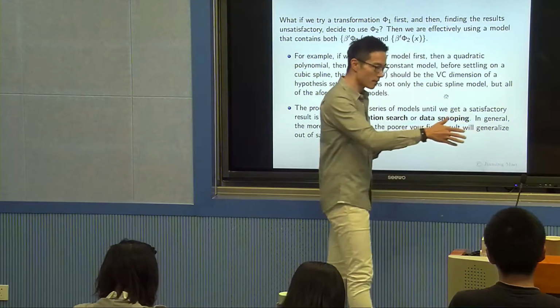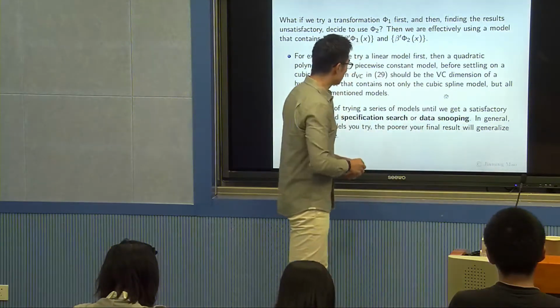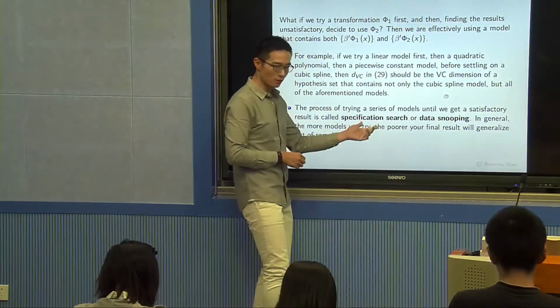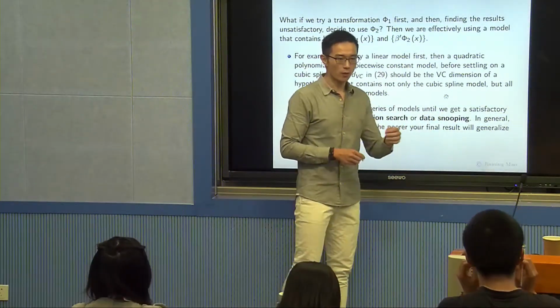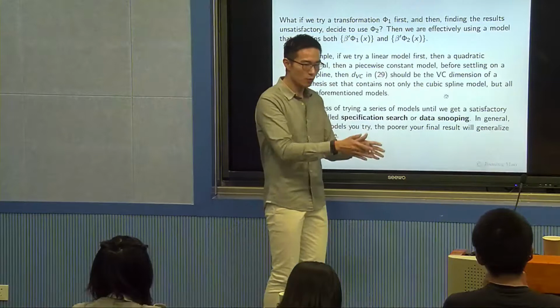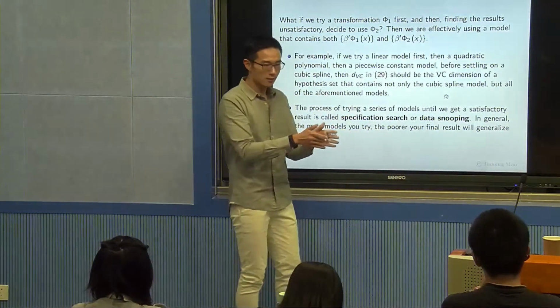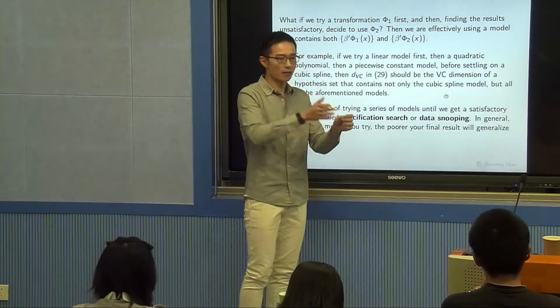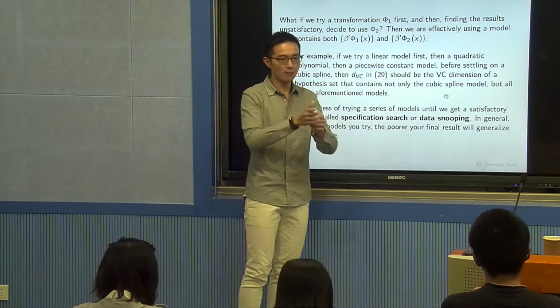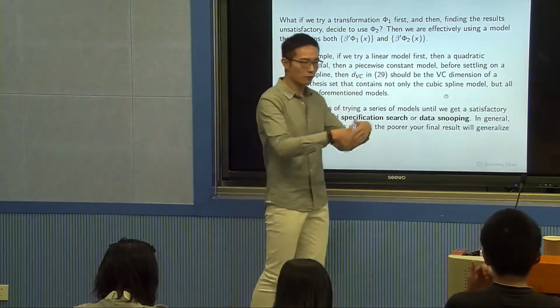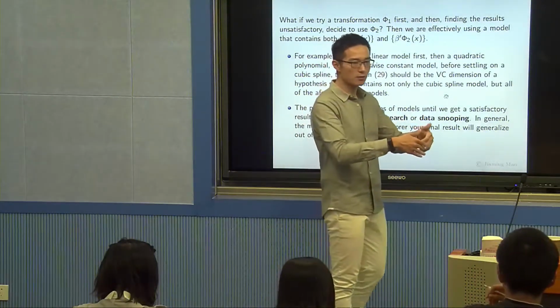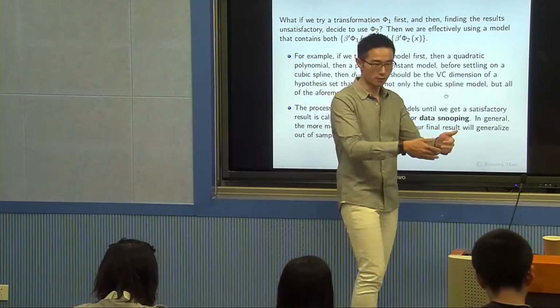If you try many things until you find what is satisfactory, that is sometimes called specification search or data snooping. And that's a very bad thing. Because when you try many things until you pick one that's good, you are in effect picking your hypothesis from a combined set of many different models. Your VC dimension is going to be very large, and your final fit is going to have very bad generalization performance.